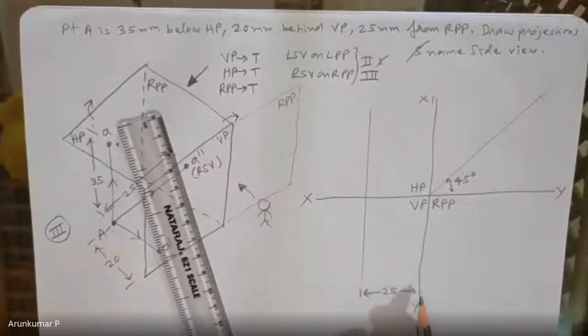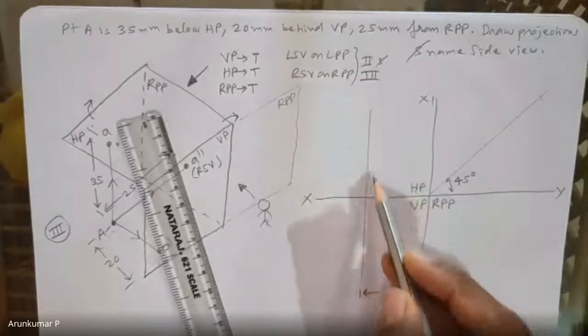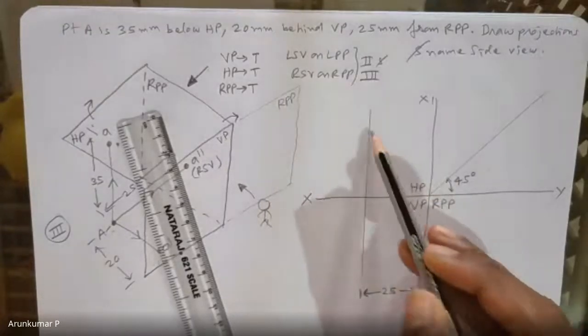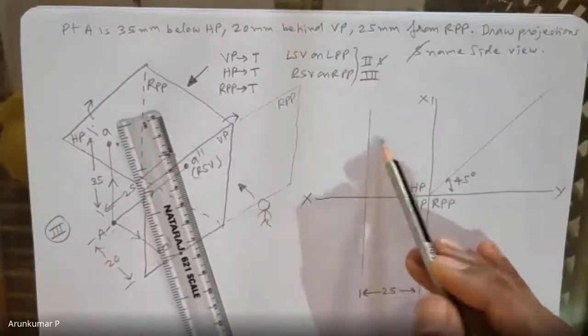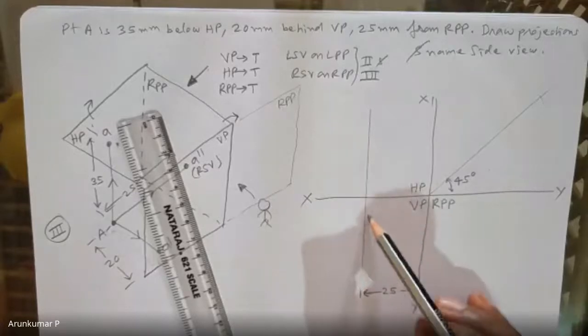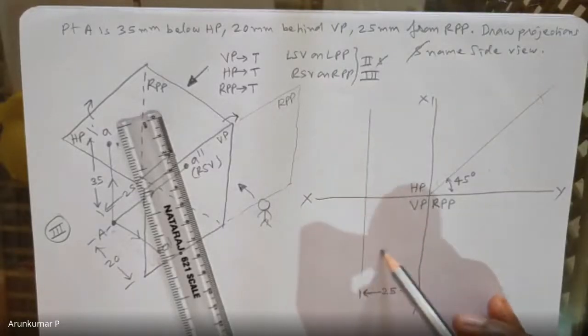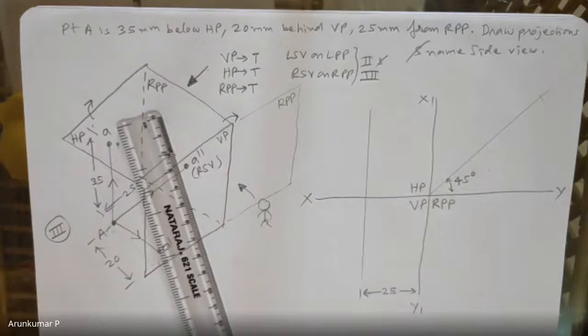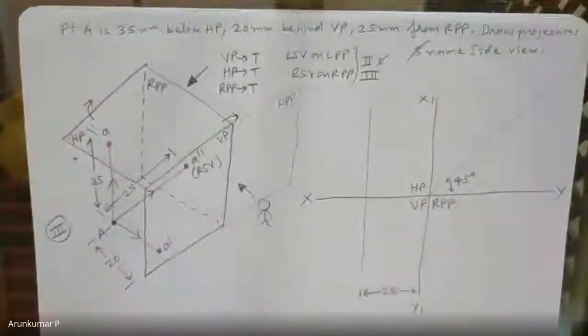So hope you can see this 25 mm from RPP. I have drawn this vertical projection line. In this area above XY line, I'll get the top view. In this area below XY line, I'll get the front view. At what distance? That is what I have to find out.